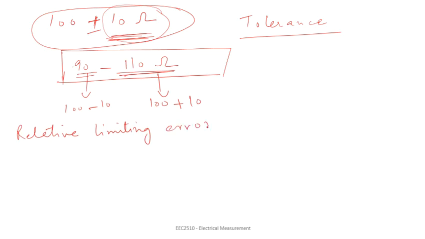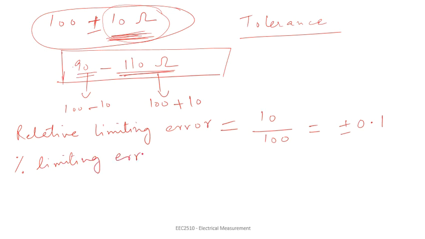Relative error you already know. So this will become the relative limiting error: the magnitude, that is 10 ohm, divided by the true value, that is 100. So this is plus minus 0.1, and for obtaining the percentage limiting error, you multiply this 0.1 by 100.